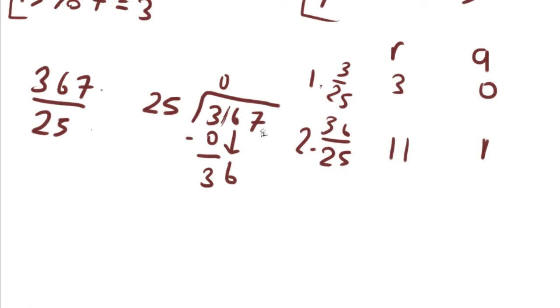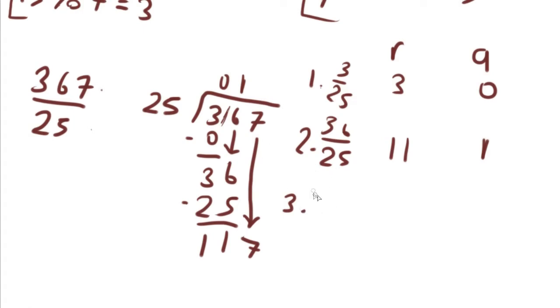So we write down the quotient up here, and then we multiply the quotient by our number 25. And then we'll subtract these to get 11, which is our remainder. Then we pull the 7 down. Then we have 117.